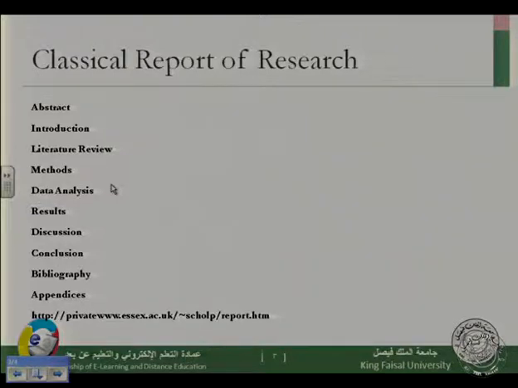And then we have a chapter for conclusion, and then we have a bibliography or references, the list of books and articles you refer to while you are doing your research. And then we have appendices, anything that you want to append to the end of your research to support your research. So let's take them step by step and one by one.